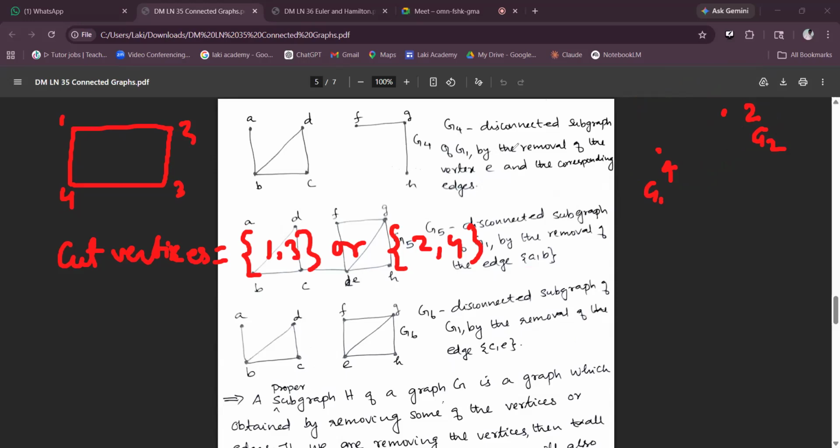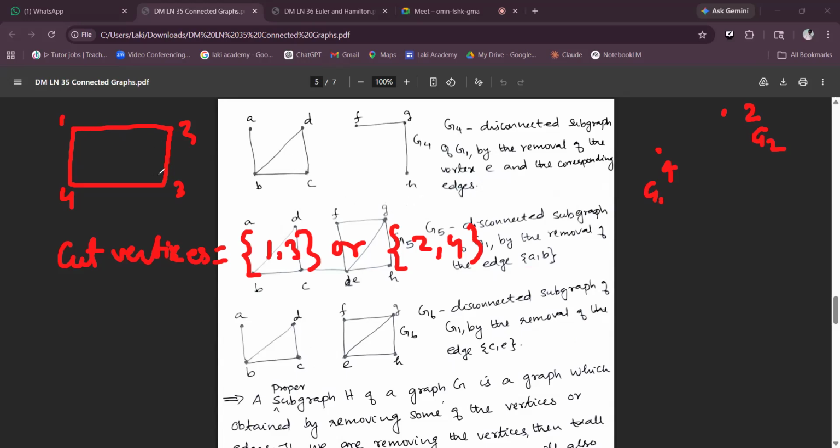No, it is the minimum number of vertices you have to remove. If removing only one vertex does not work, you have to remove two vertices together. If two vertices do not work, you have to remove three vertices together.